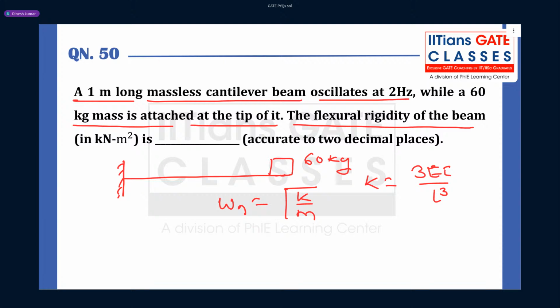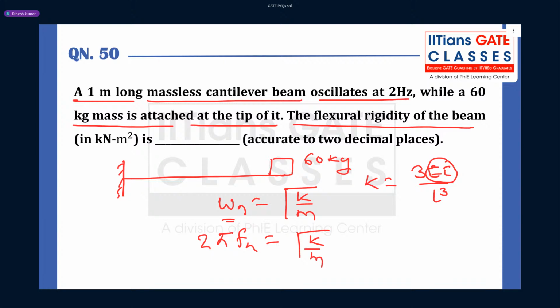Now guys, in this case, what is unknown? The EI value is unknown, and omega n is given in terms of hertz. So from here, we have to write in terms of hertz. So it will be 2 pi fn equals under root k by m.